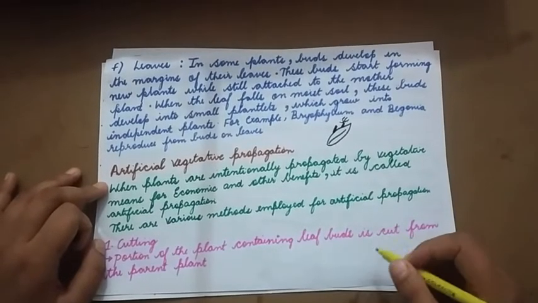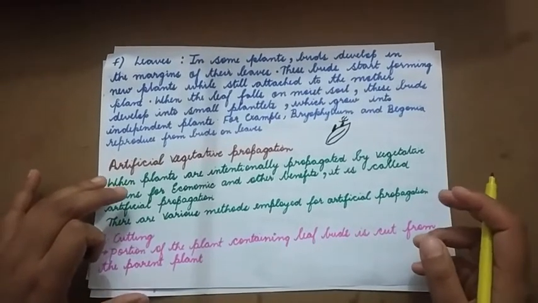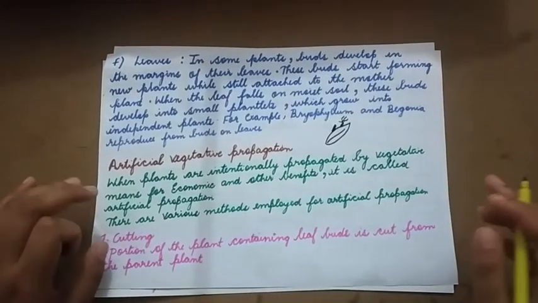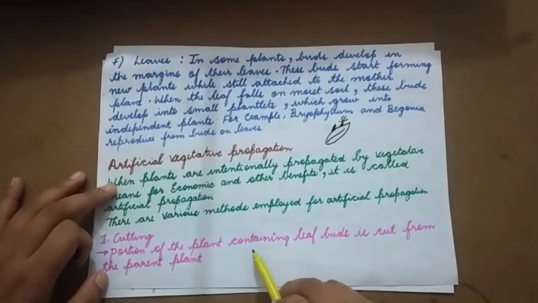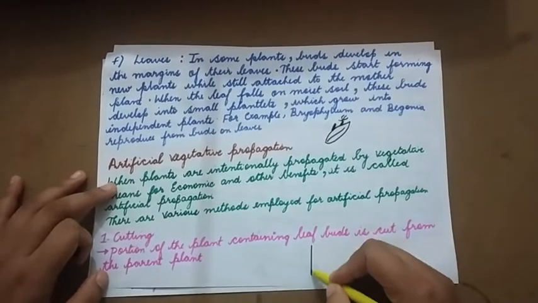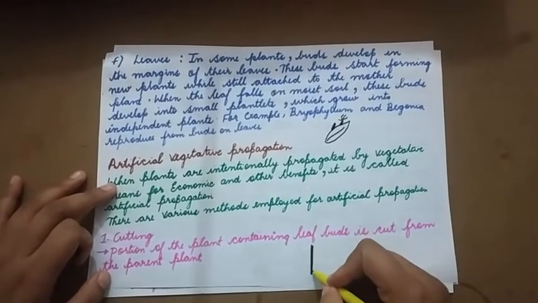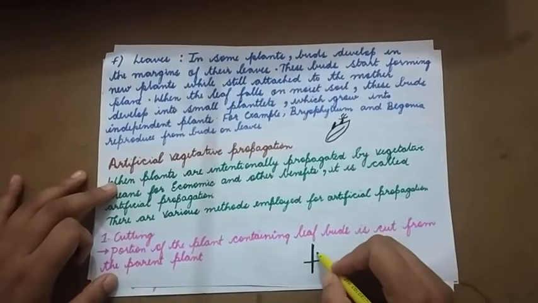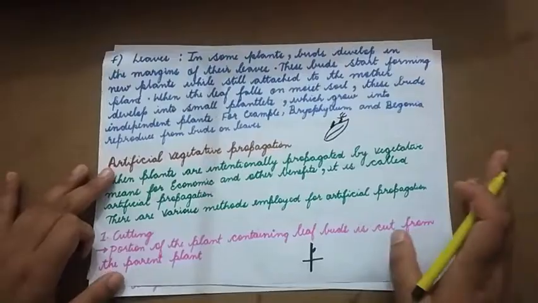First one is cutting. To multiply rose plants, they usually take a stem cutting and place it in the soil. A portion of the plant containing a leaf bud is cut from the parent plant. Suppose this is a rose plant; you cut it so that the cut portion has a leaf bud in it.